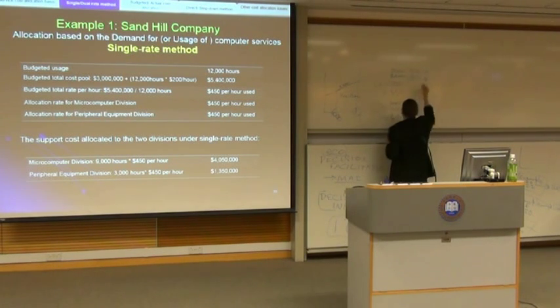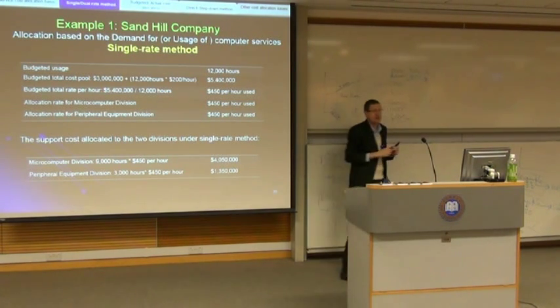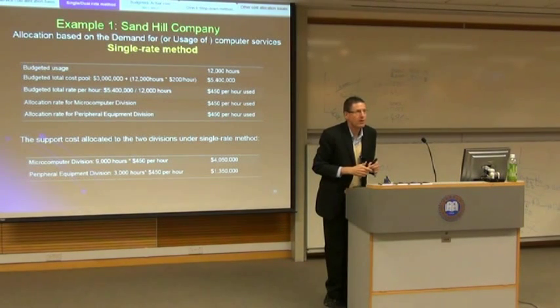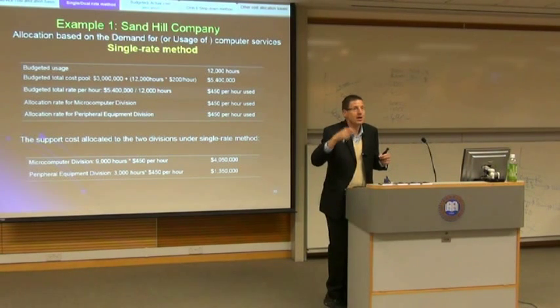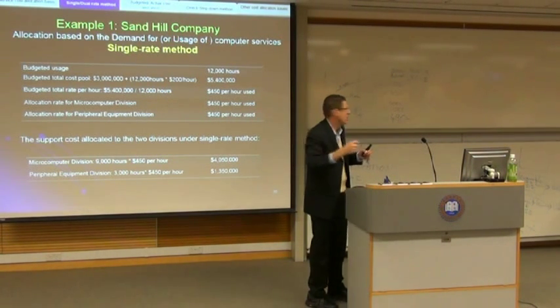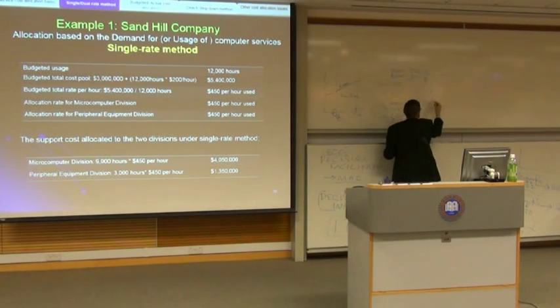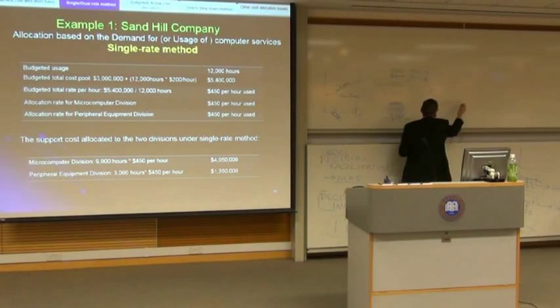What's 490 times 3,000? It's larger than 144. 490 times 3,000 equals 1.47 million. Is that right?